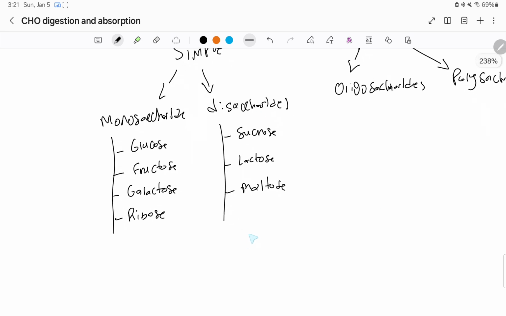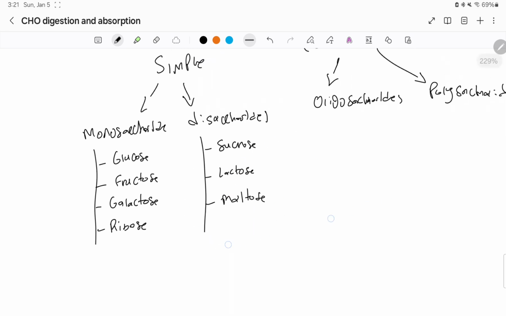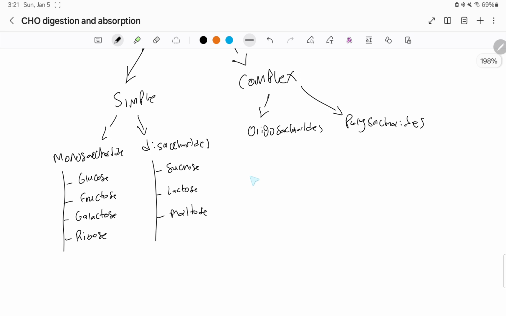So a disaccharide would look something like this, and we'll see more of it later. Boom, boom, boom, bonded to another monosaccharide. So this is one monosaccharide, this is another monosaccharide, and together they're called a disaccharide. And these are the types of disaccharides we'll come across in today's video.